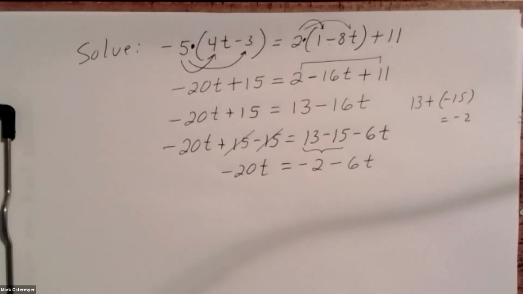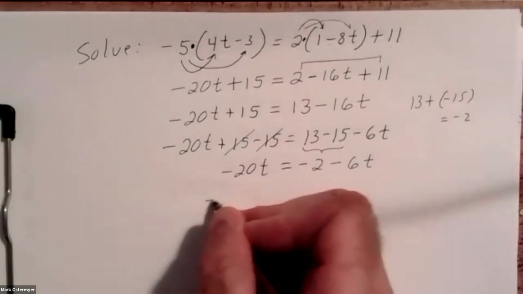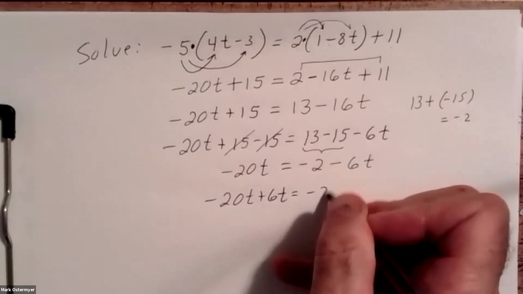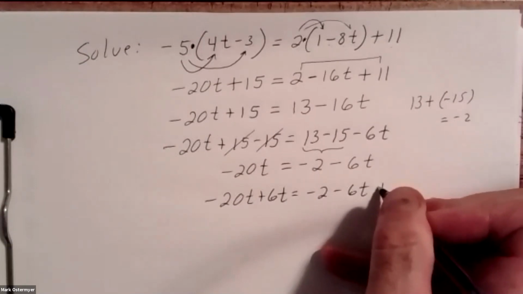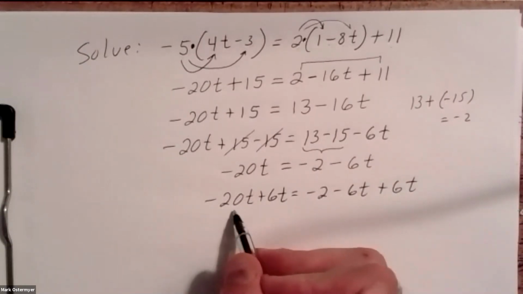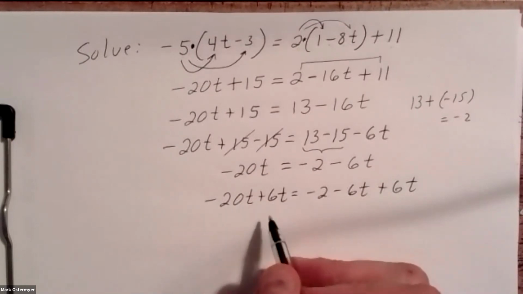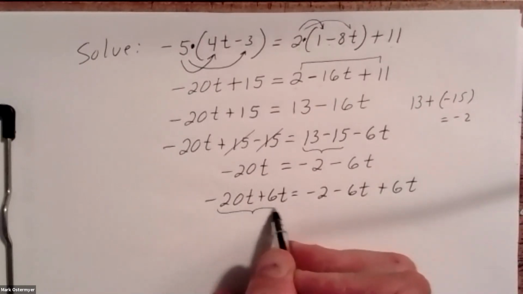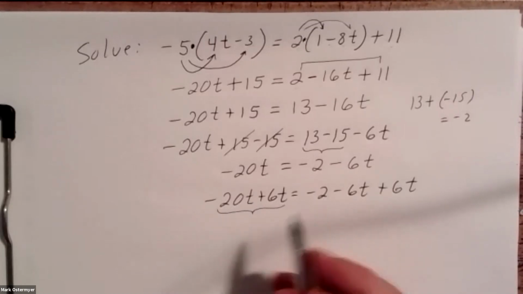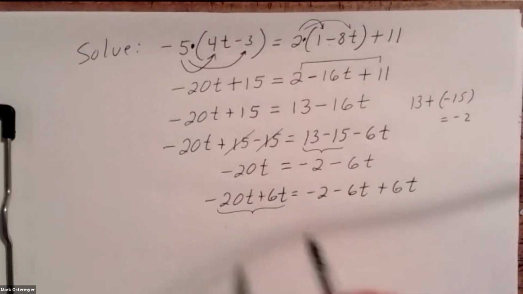You are correct. We're going to add 16t to both sides, to the left and to the right. Combining these like terms of t now on the left side, -20t plus 16t. What's -20 plus 16?